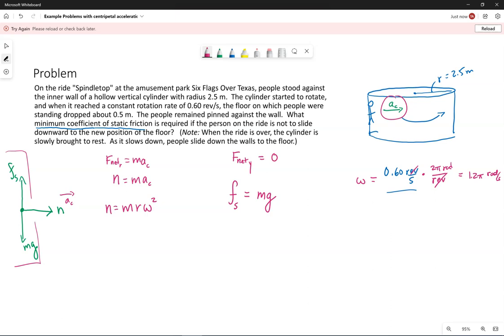We are talking about the biggest the friction force can be, so we are going to substitute in the coefficient times the normal force. But the radial direction has told us that the normal force is going to be m r omega squared.